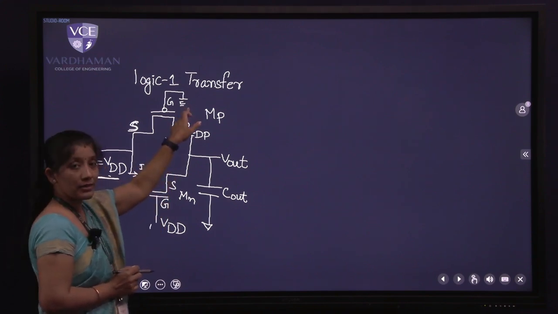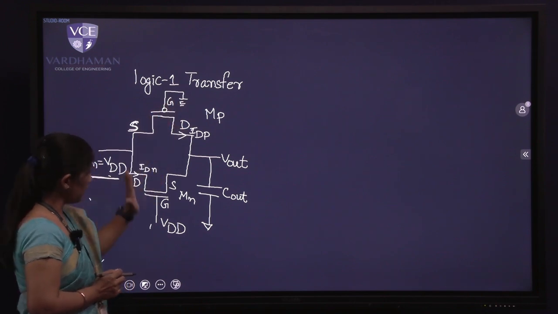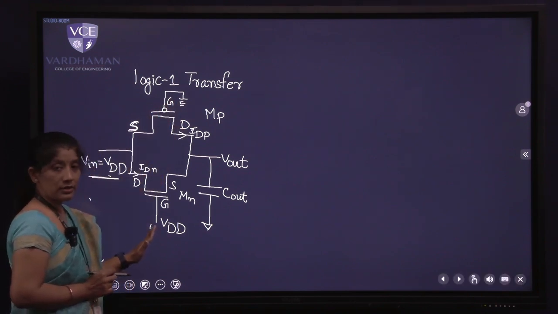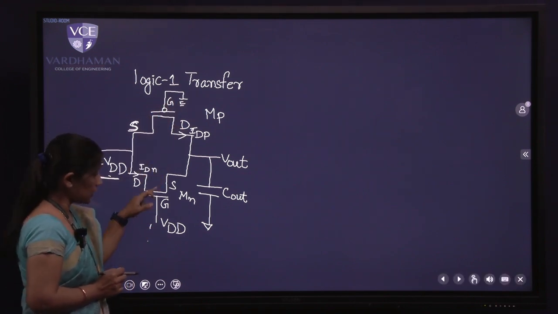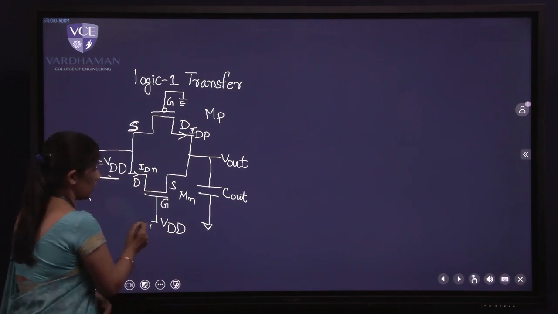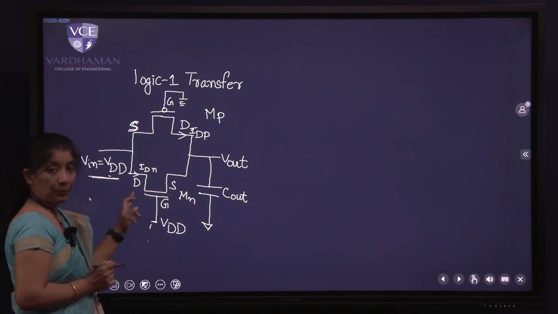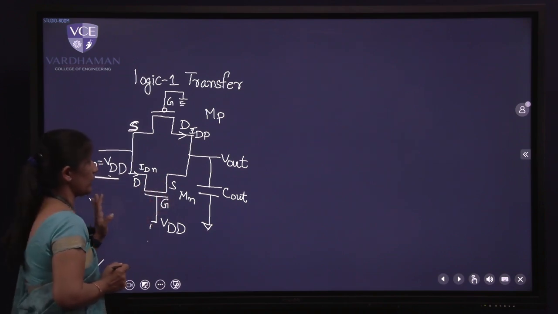That is why the gate is receiving a logic 0 signal, which is the ground signal. Same thing for the NMOS transistor: to turn it on, the gate is connected to a positive voltage VDD. Now the drain terminal and source terminal are represented for the logic 1 transfer.